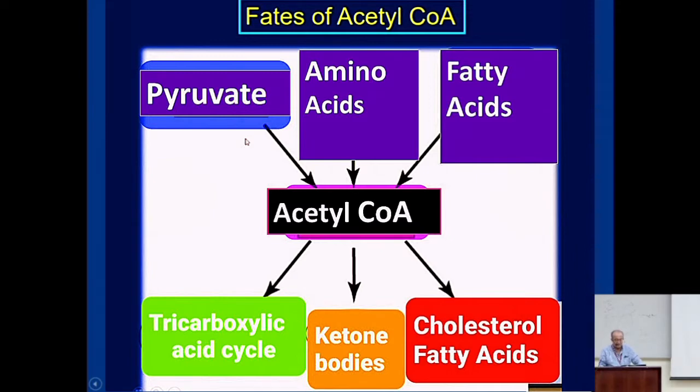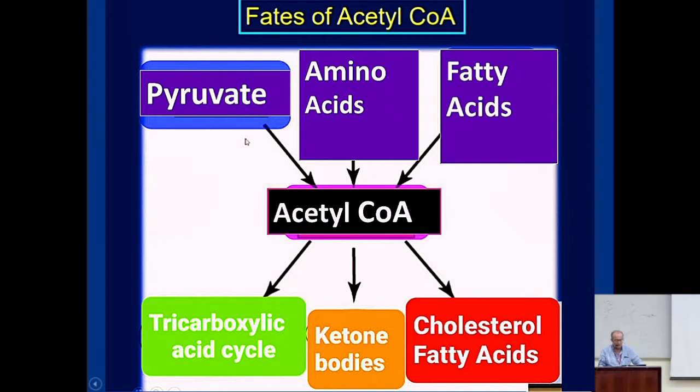But I want to remind you of two other important things: this acetyl-CoA can be used to make fatty acids and to make cholesterol. So it's an important intermediate in anabolic processes as well. We'll talk about that in the third block, as well as ketone body synthesis.